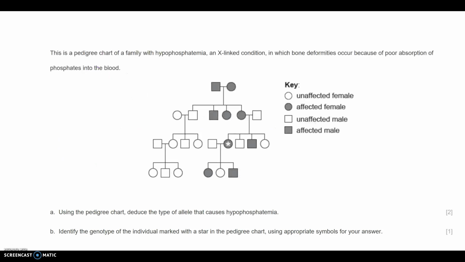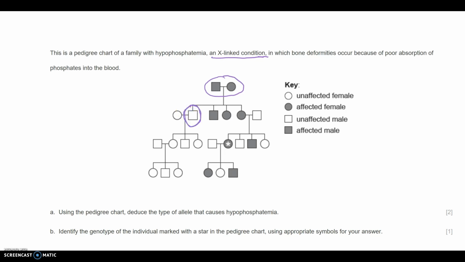In this next question, it tells us that this is a pedigree chart of an X-linked condition in which bone deformities occur. Now it's asking us to deduce whether the allele is dominant or whether the allele is recessive. Here we've got two affected parents and they have an unaffected child.